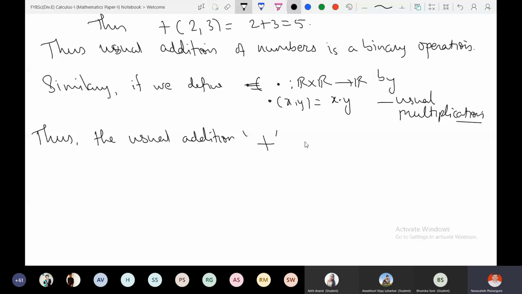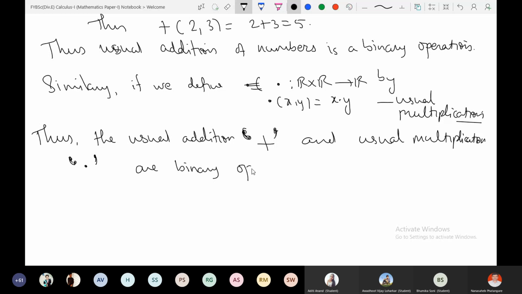The usual addition (plus) and usual multiplication (dot) are binary operations on the set of real numbers.